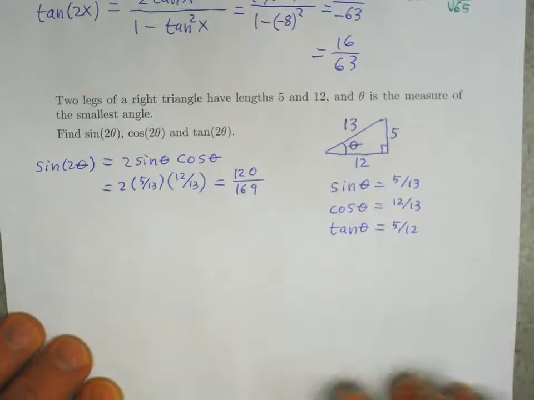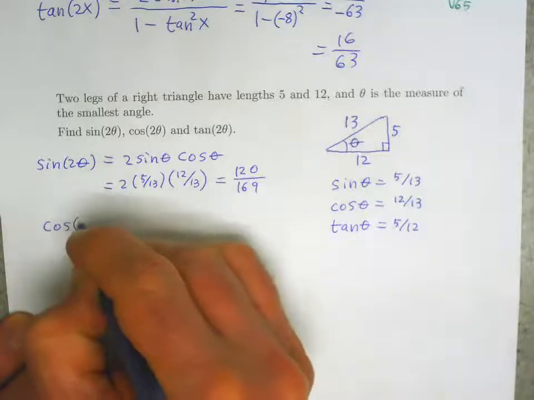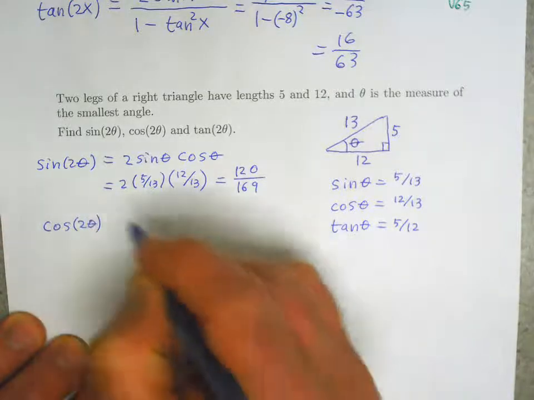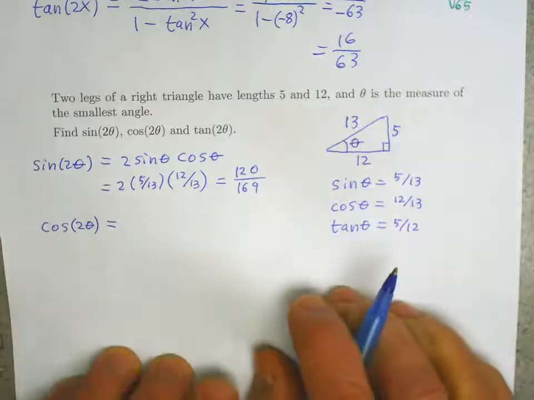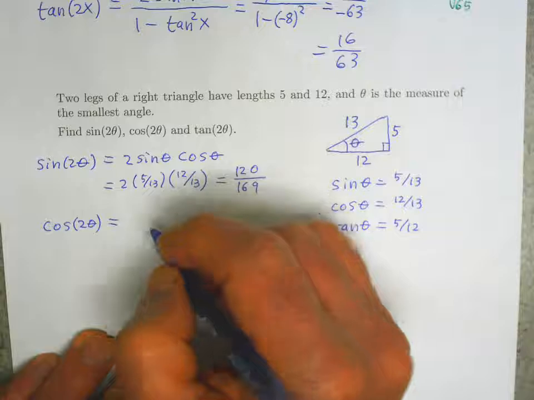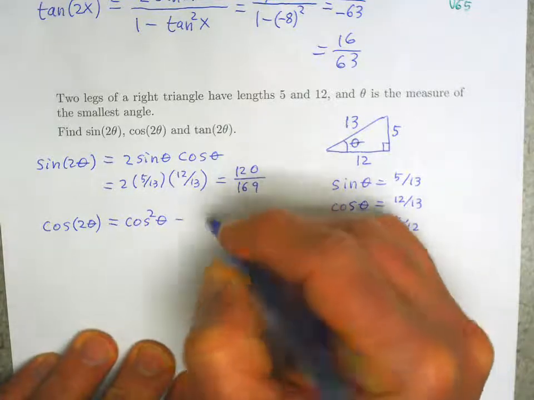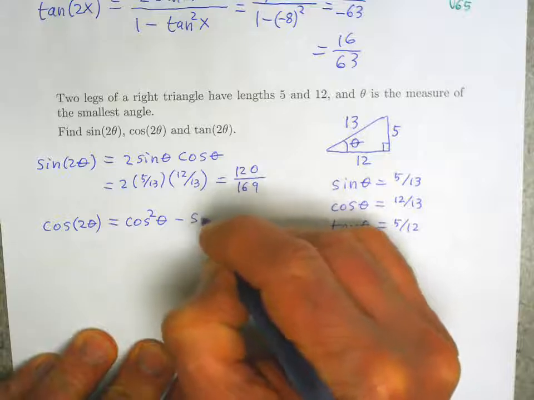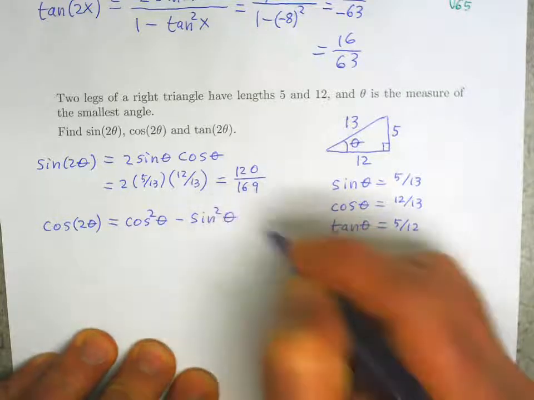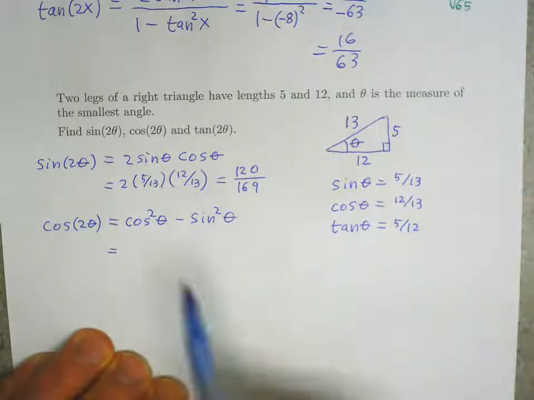Okay, cosine of 2 theta. The first variation will work just fine. So cosine of 2 theta is cosine of theta squared minus sine of theta squared. And cosine of theta is 12/13.